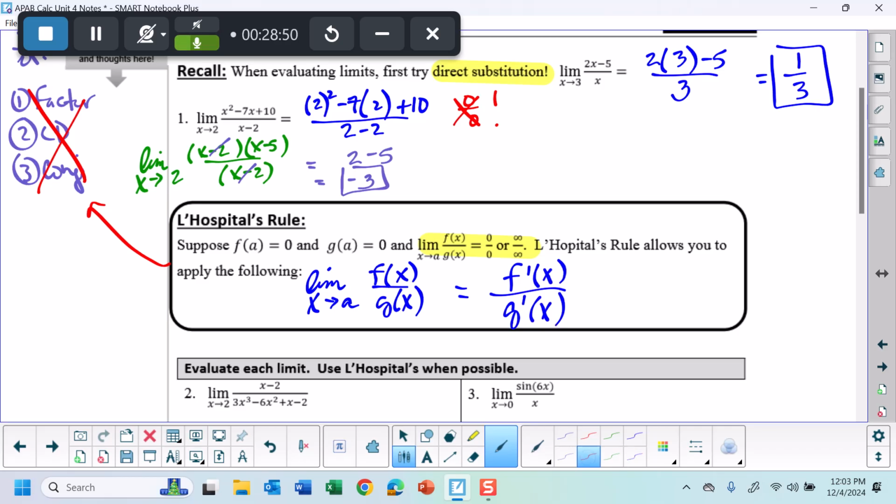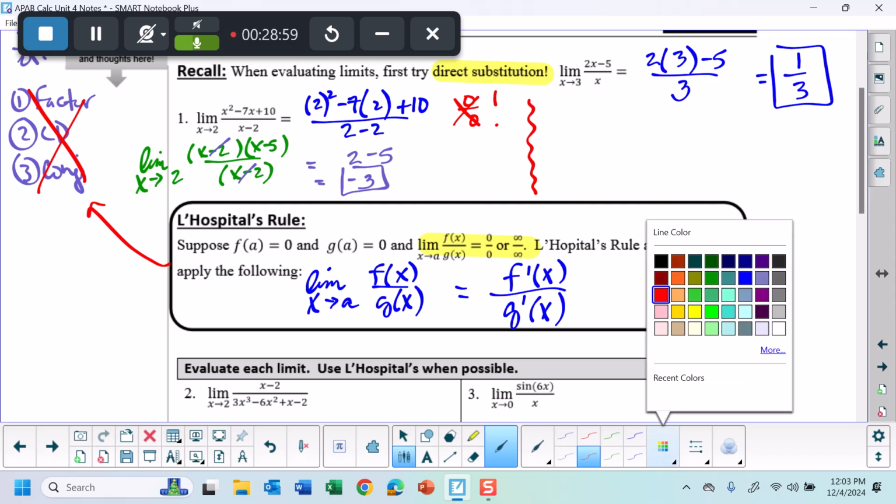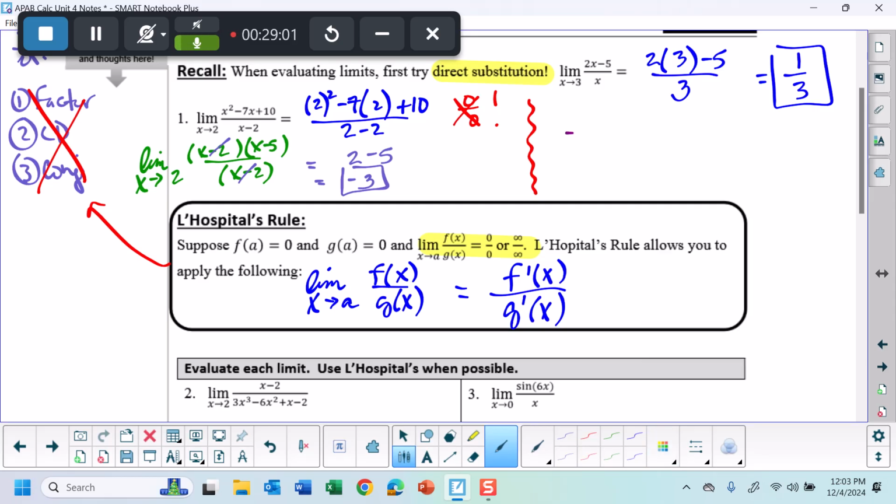So if we listen to L'Hopital and we're like, is that going to work for us? I can go ahead and try his new funky way. I can say, if I take the derivative of that, I get 2x minus 7.